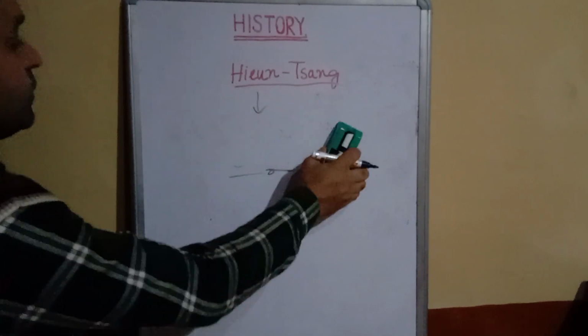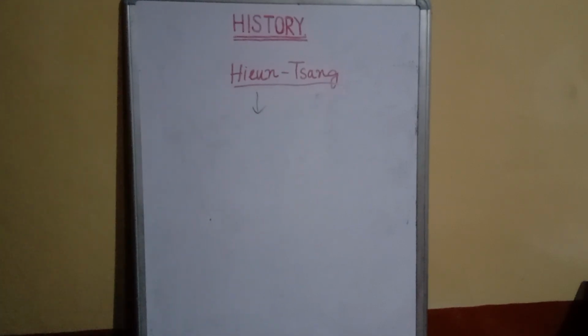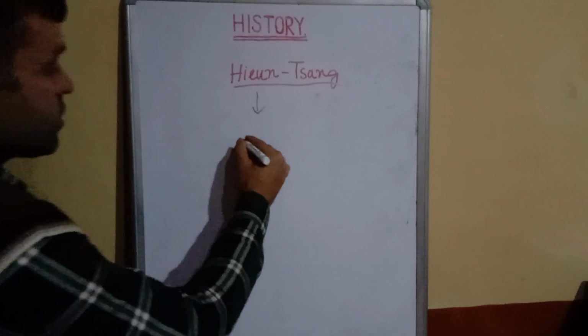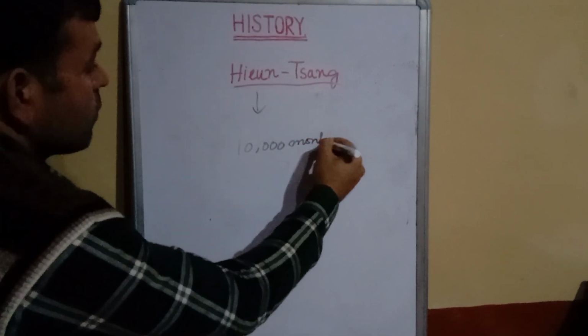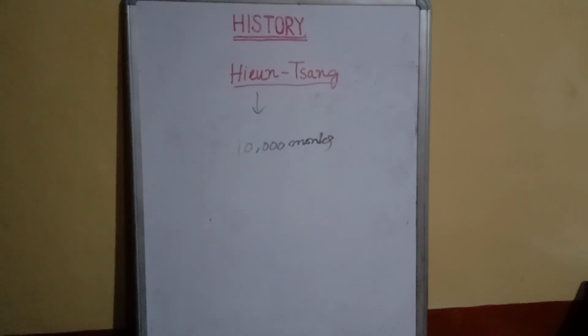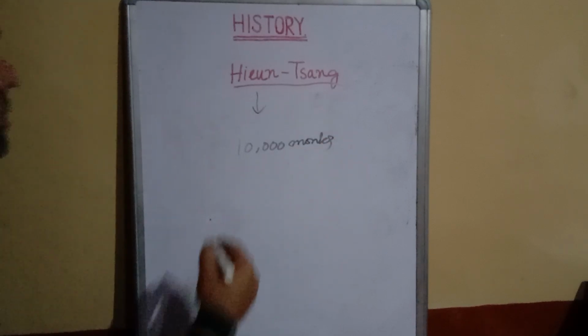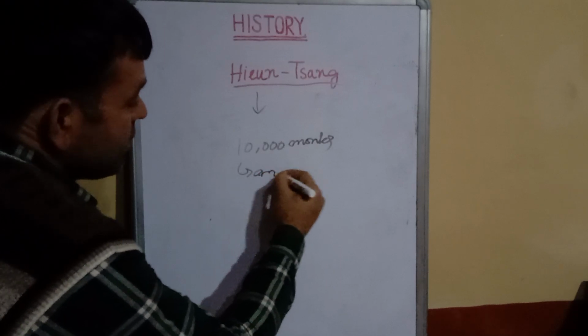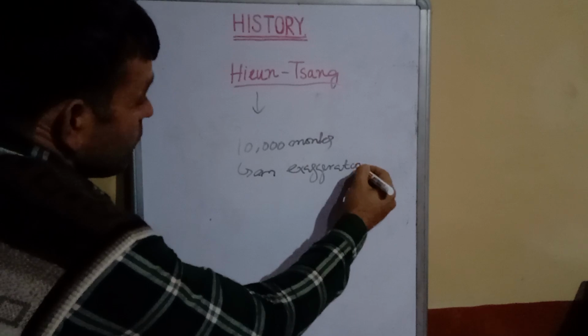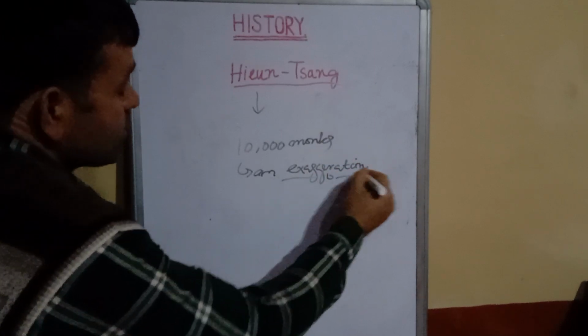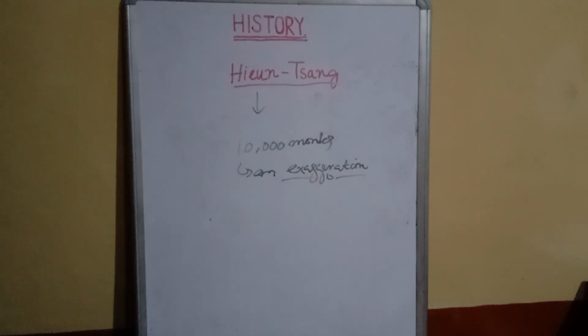He wrote that 10,000 monks lived at Nalanda, although it seems to be an exaggeration. When you speak of something with very, very great status, although it does not seem to be so, that is called an exaggeration.